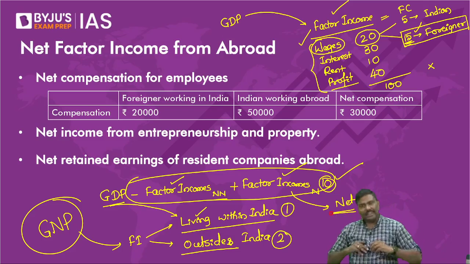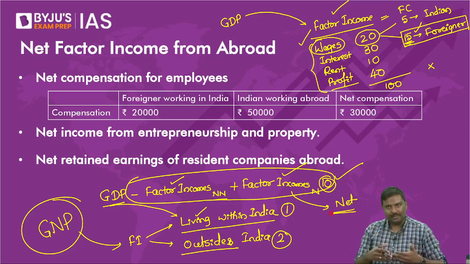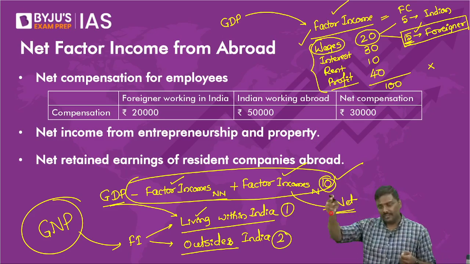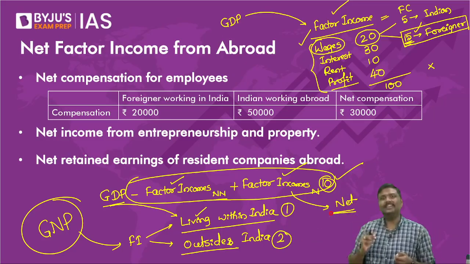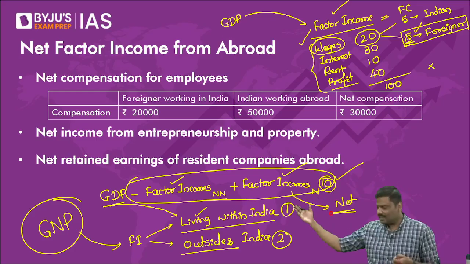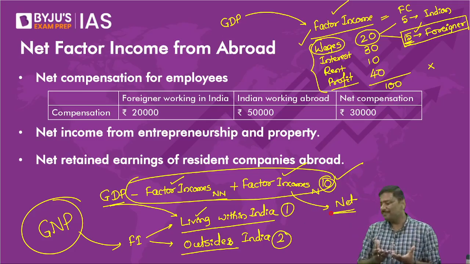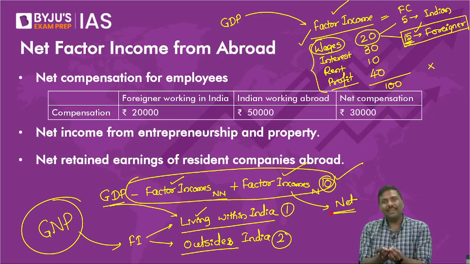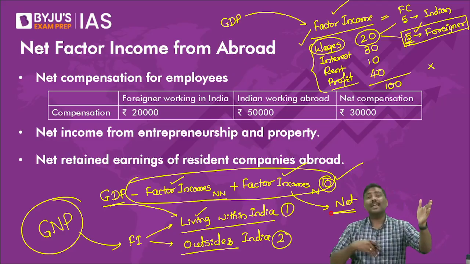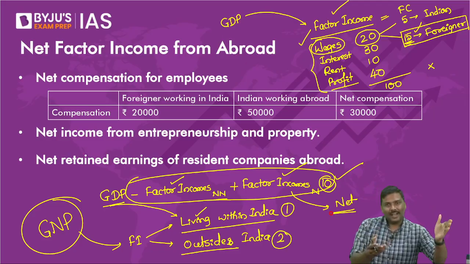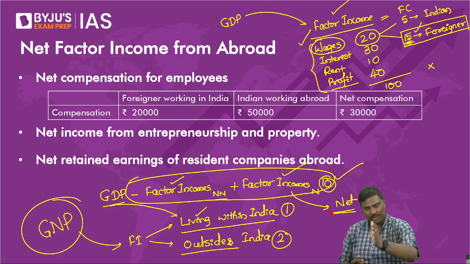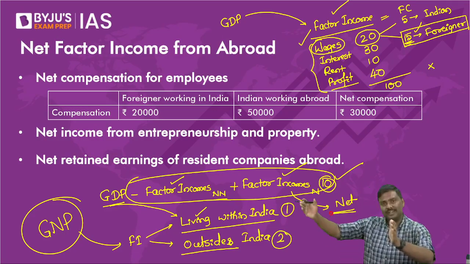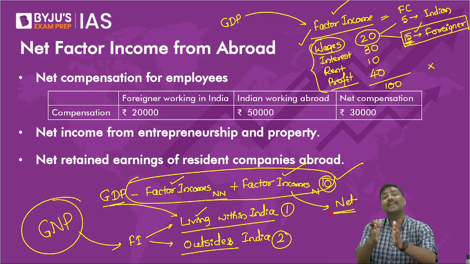We calculate net factor incomes, including wages, profits, rent, etc. Again, net is very simple, my dear. When you calculate GNP, some of the factor incomes are supposed to be counted and some are supposed to be subtracted.